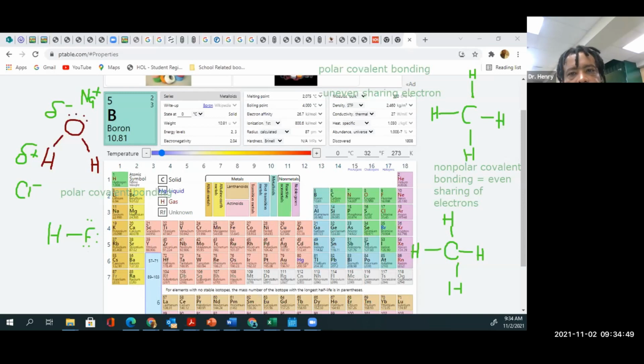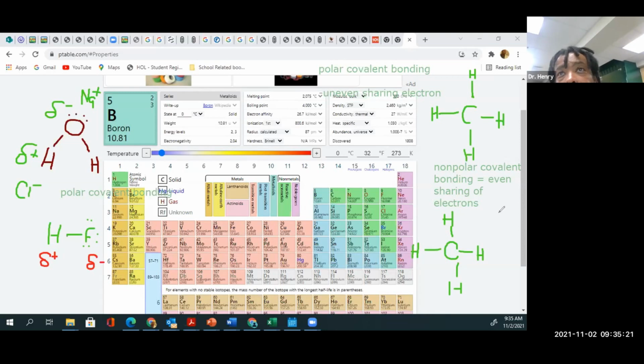So if we showed the polarity, fluorine would be partially negative and hydrogen partially positive. The electronegativity of fluorine is really great, because the electron spends a whole lot of time around the fluorine and only a little bit around the hydrogen. So again, this is a polar covalent compound.